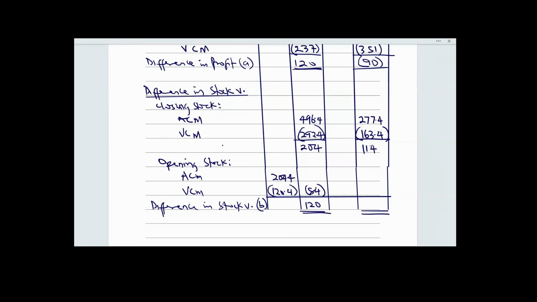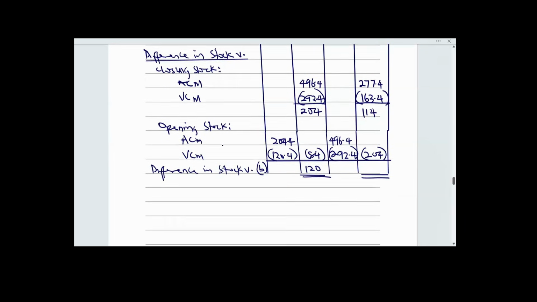Then opening stock will be the closing stock in the first period, which is 496.4 minus 292.4. That will give us 204. So 114 minus 204, what do you get? Negative 90.